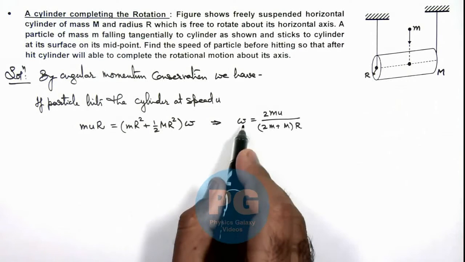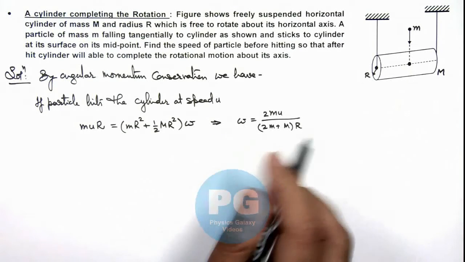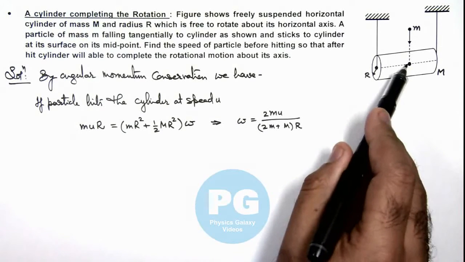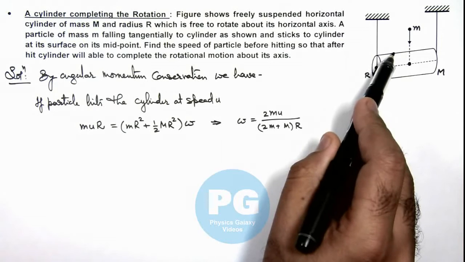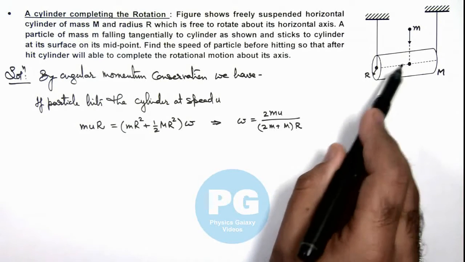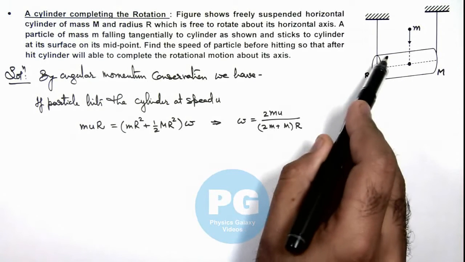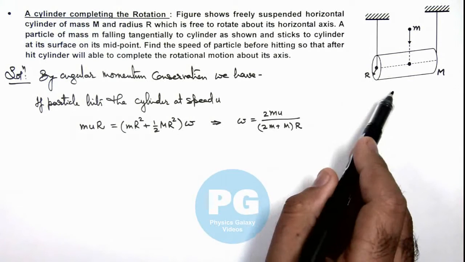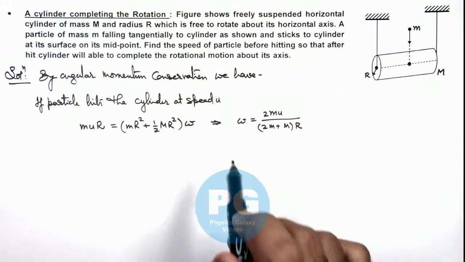Now this value of omega should be such that during rotation this particle will be able to reach the topmost point. Then only we can say that it will complete the rotation. If before this particle completes 270-degree rotation the cylinder comes to rest, then it will come back rather than completing the rotation.